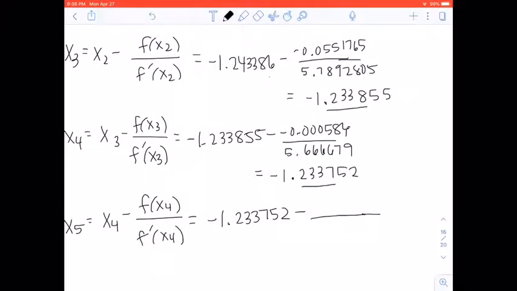So into the function I get negative 0 point, and there's 6 zeros, and then 4049. Rounding that, if you want to just make that a 4 and leave off the other digits, that's totally fine.